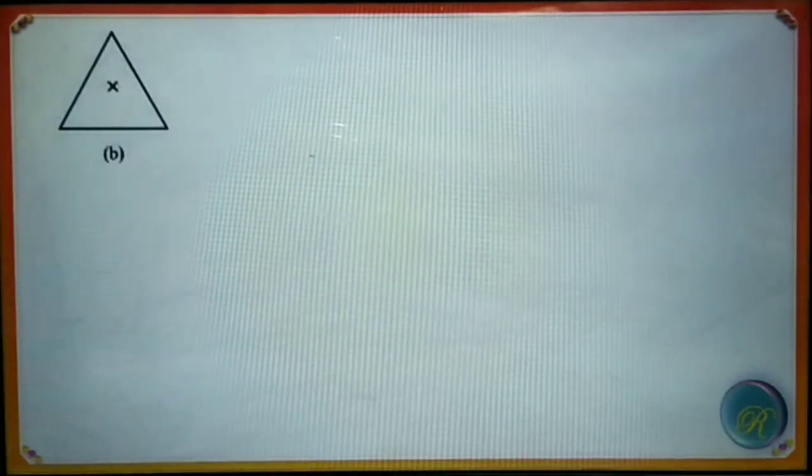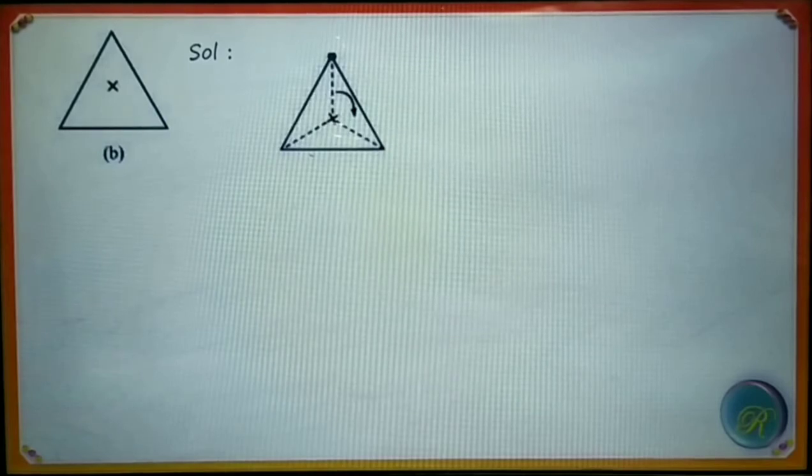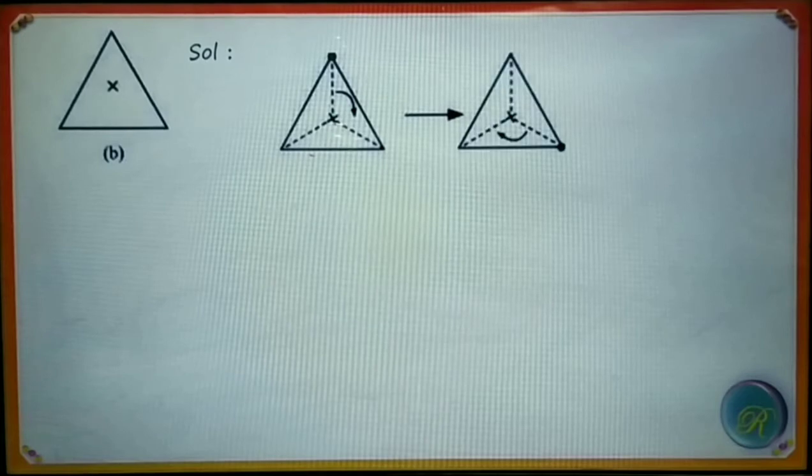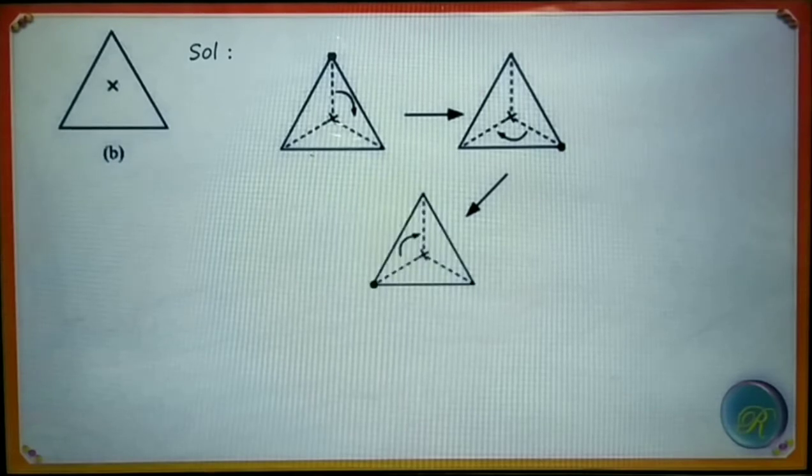Figure B. Solution. Consider the original figure. When you rotate the original figure about 120 degrees, then the position of the figure will be like this. Again, when you rotate this figure about 120 degrees in a clockwise direction, then the position of the figure will be like this.